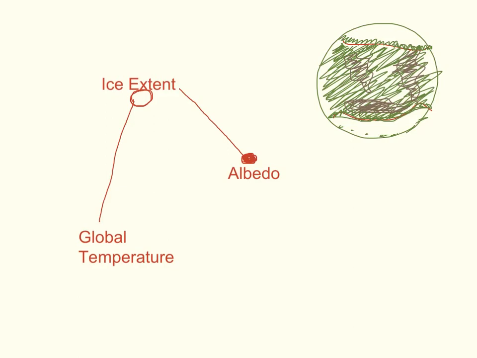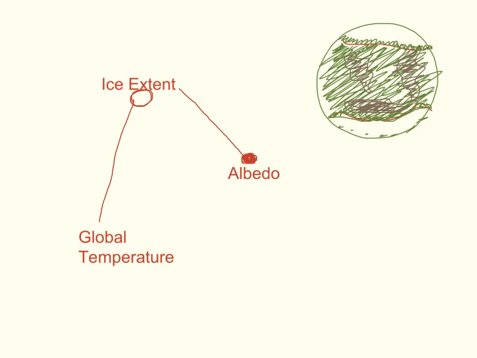Our feedback loop is almost complete. We just need to connect how changes in albedo influence global temperature. If we're just thinking about the shortwave component of the surface energy budget, what we know is that as albedo decreases, like we're showing here, more solar radiation is going to be absorbed by the Earth system, and therefore, as more solar radiation is absorbed with a decreasing albedo, that's going to result in an increase in global temperature.